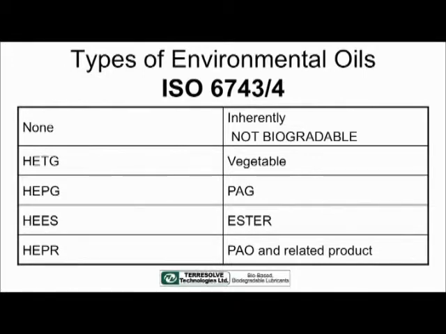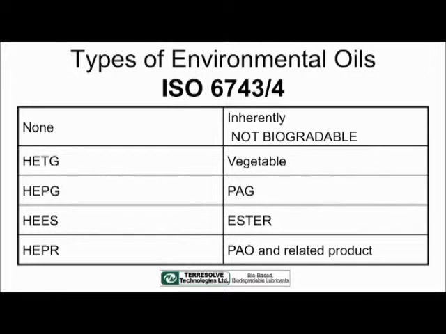Part of the 6743 are 4 classifications of environmentally safe hydraulic fluids. HE, hydraulic environmental. The first one they talk about is the HETG, hydraulic environmental triglyceride, which are your vegetable-based oils.